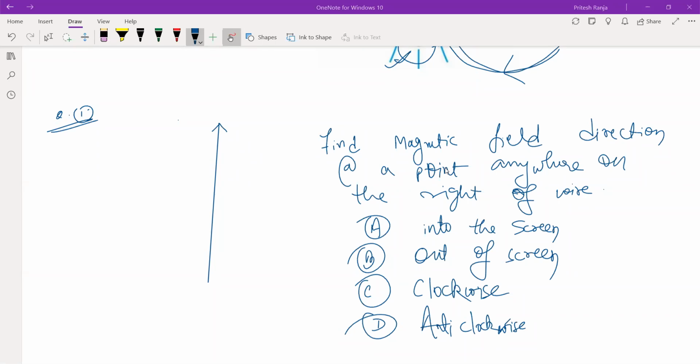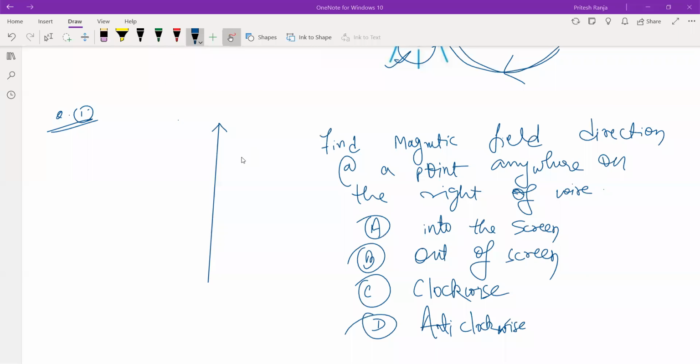So if I see, most of you have selected C, but C will not be correct. You can see, why will it not be right? Current is in this direction.